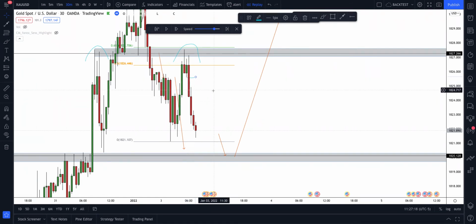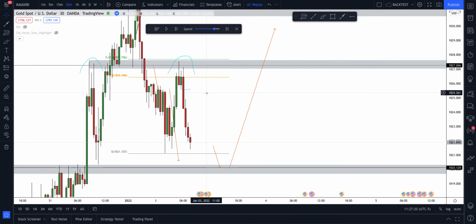From a risk to reward point of view, it's not that good for me, but it's safe. Let's say you entered here, but what if price reverses and goes bullish? Now we have a lot of confirmations by seeing what the previous candle did.